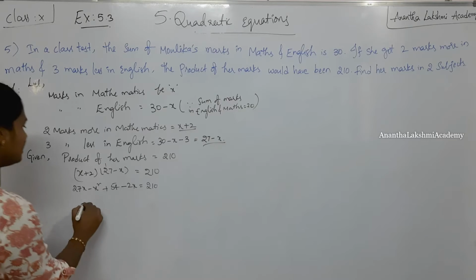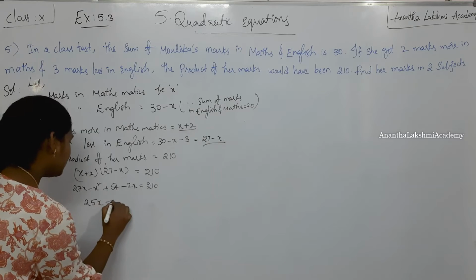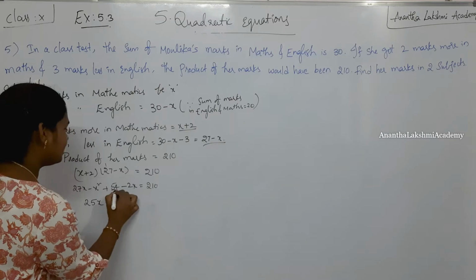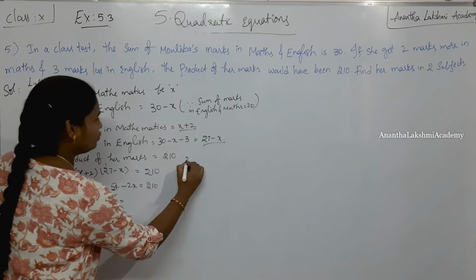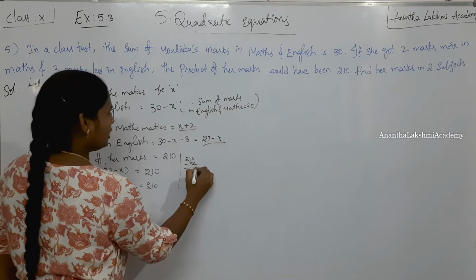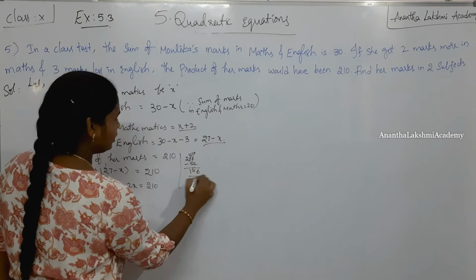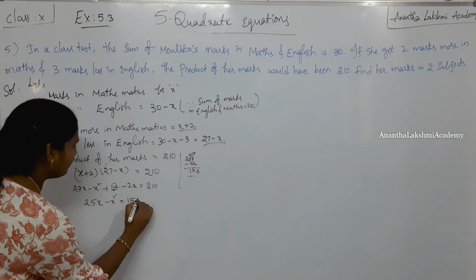Here, let us simplify this equation as 27 minus 2 is 25x minus x square. I am going to send this 54 to the other side. That becomes 210 minus 54. Okay. 10 minus 4 is 6, and this is going to be 156. So it is 156.